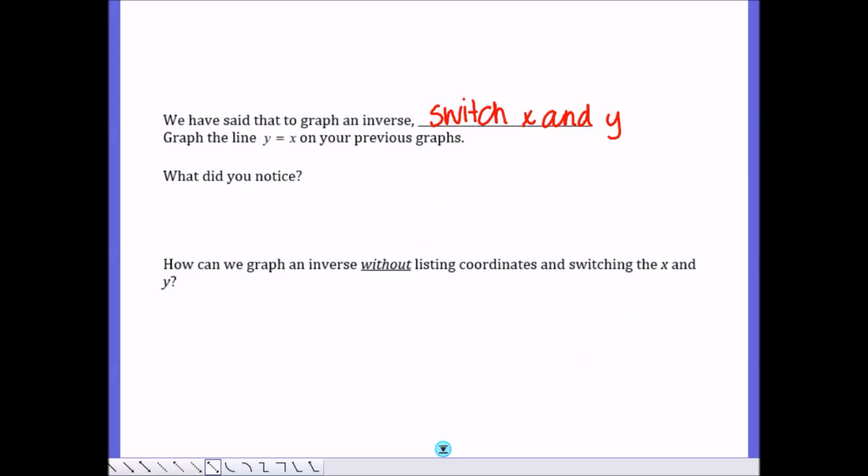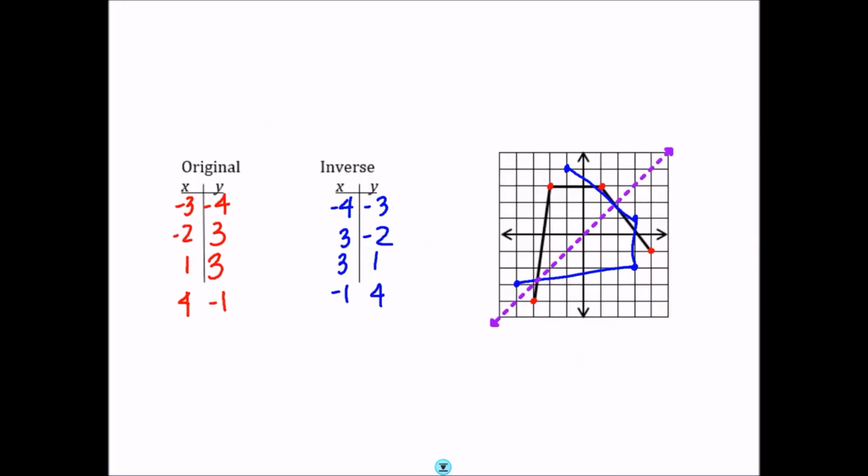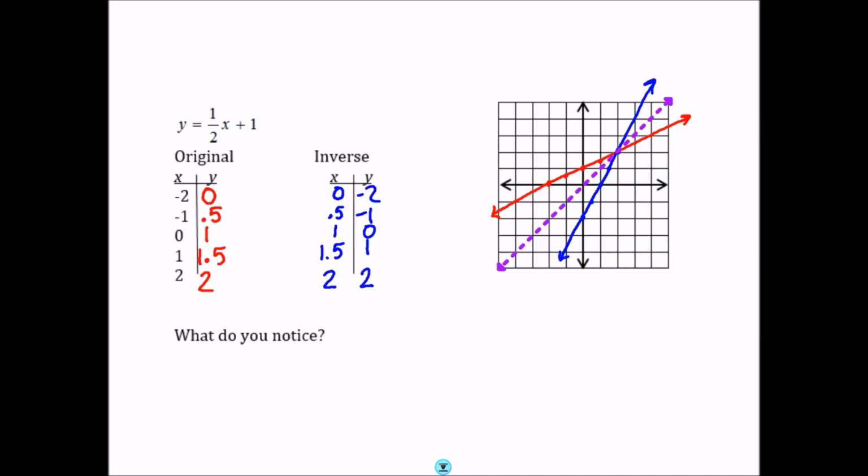It asks you to look at the graphs and see what you notice. So let's go back and look. If you look at this first graph, you can see that all three of these lines intersect here and here. And if you look closely, you can also see that the diagonal line cuts the picture in half. So let's see if that's true of the other graphs.